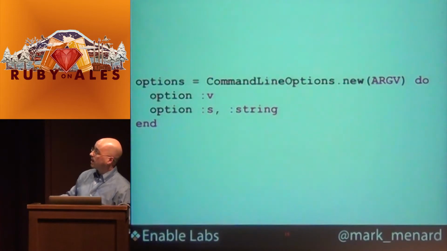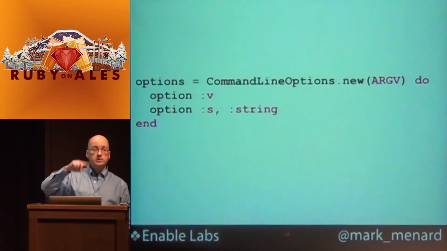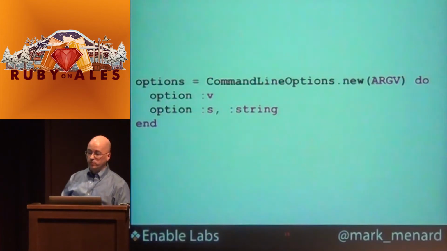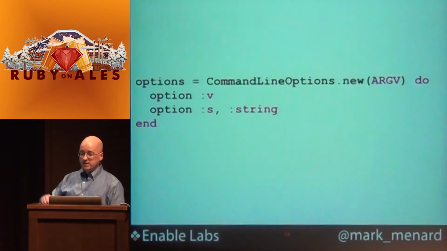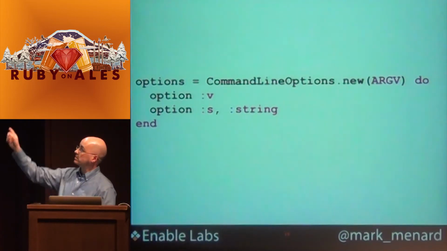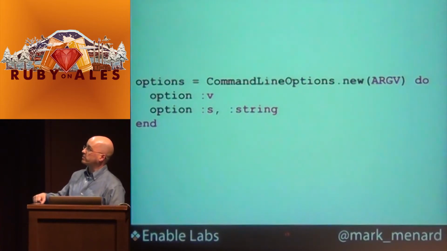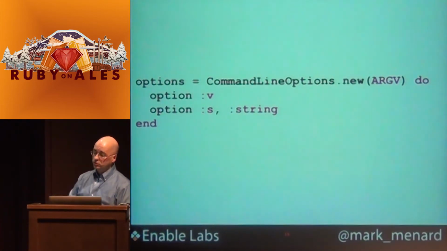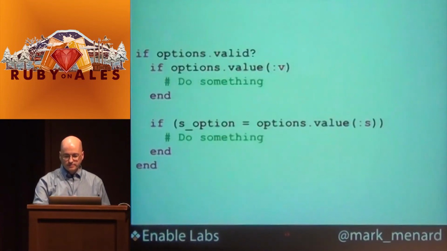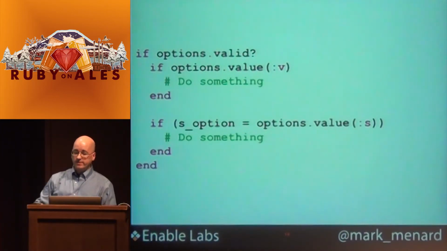We create a command line options object with the argv, which are the arguments from the command line that you get in Ruby, and then pass it a block to be evaled to set up the options. In this case, the v, which defaults to a Boolean if there's no option there, and the s to a string. And then I want to be able to consume it like this.